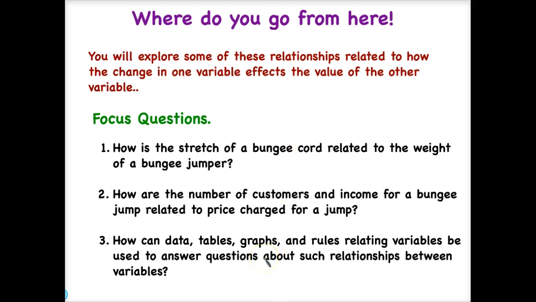Also, how are the number of customers and income for a bungee jump related to the price charged for a jump? And finally, how can data, tables, graphs, and rules relating variables be used to answer questions about such relationships between variables? You will find an example with some rules in your assignment on the next page.